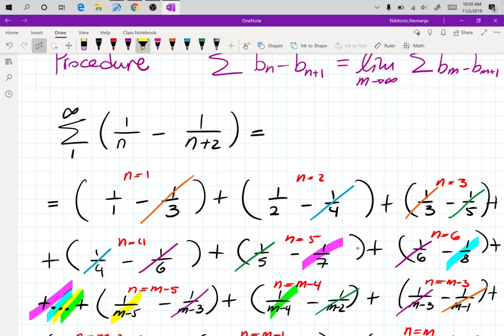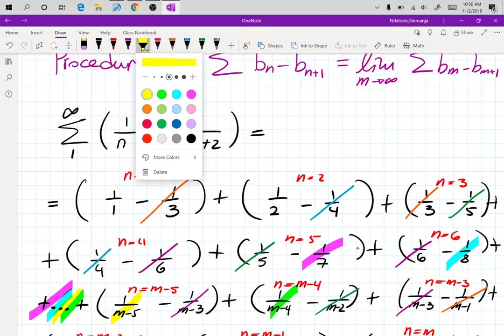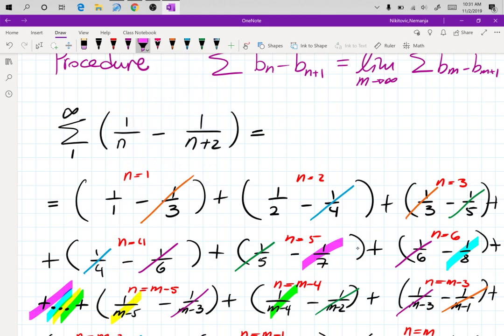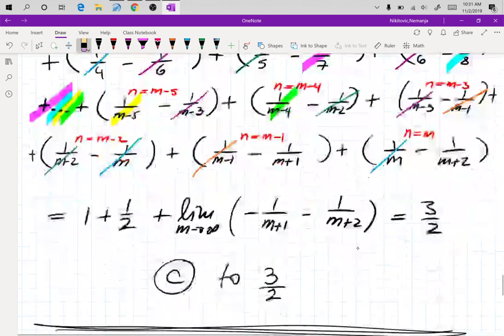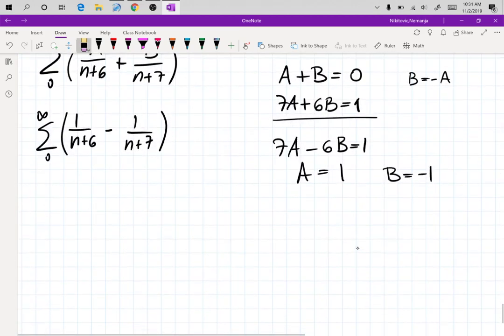That can be molded into a pattern, and the pattern simply says that whatever the difference between the terms is, that's how many of these first ones survive. So if there was n and n plus 3, this one would survive as well. It's a pattern. So there is a much faster way of dealing with these problems rather than writing everything out.